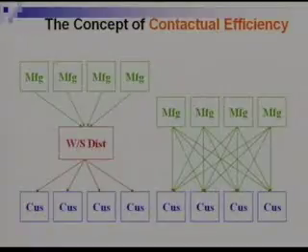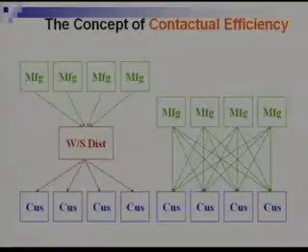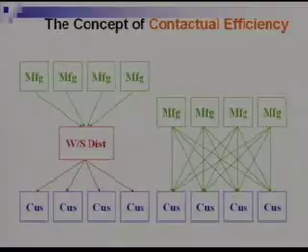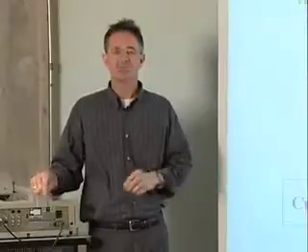On the right-hand side you'll see what would happen if manufacturers dealt directly with consumers: you get all sorts of multiple transactions happening. If you have a wholesaler or a distributor in the middle, they're able to consolidate products from a number of different manufacturers and offer them conveniently to consumers.